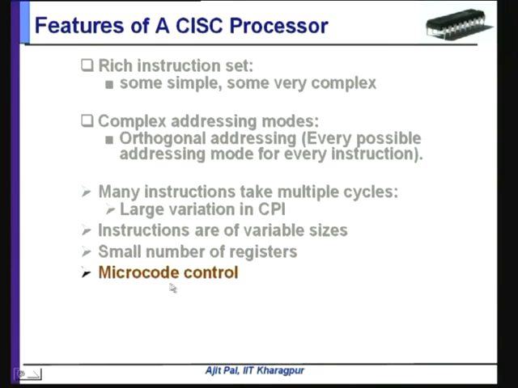And microcode control: the control unit is implemented by a microprogram control unit instead of a hardwired control unit. You may have studied there are 2 ways of implementing a control unit. One is the hardwired control unit, another is the microprogram control unit.